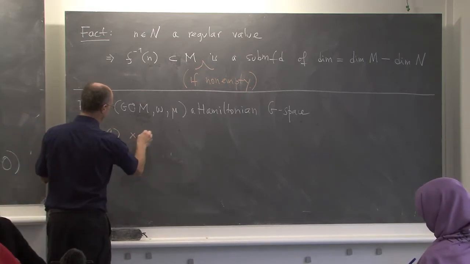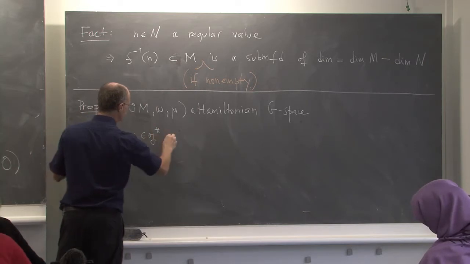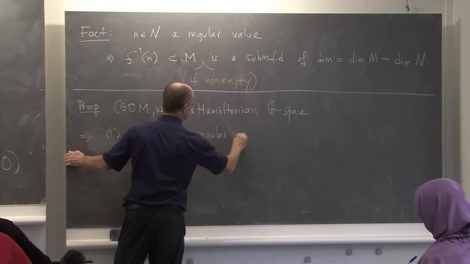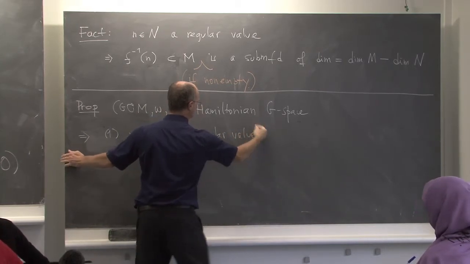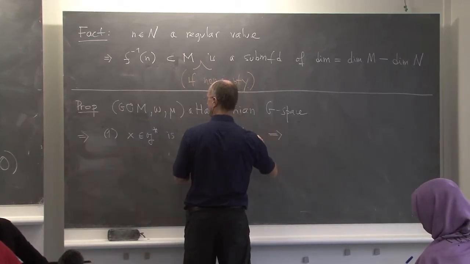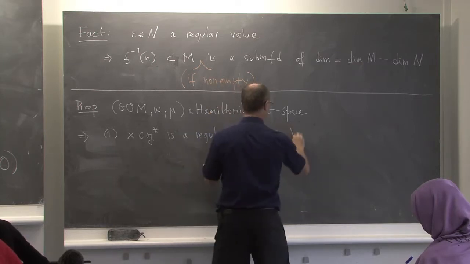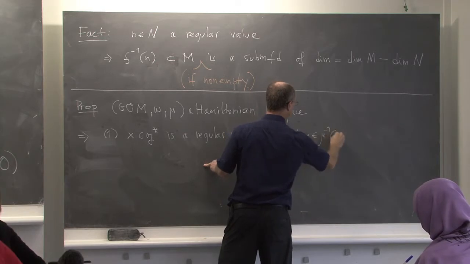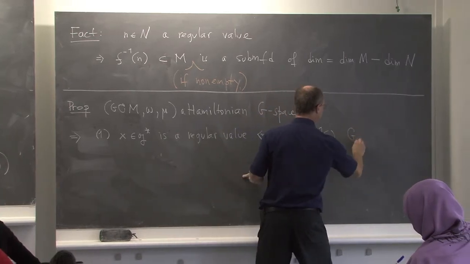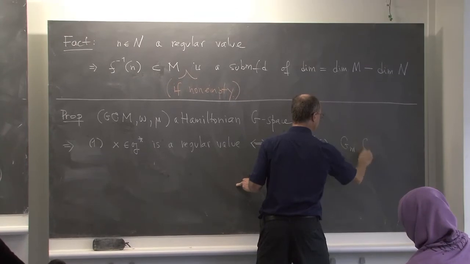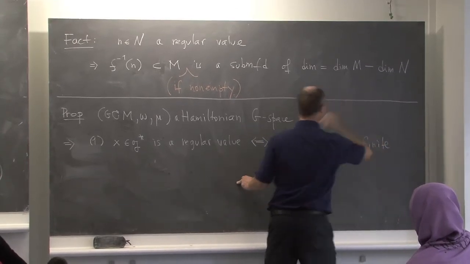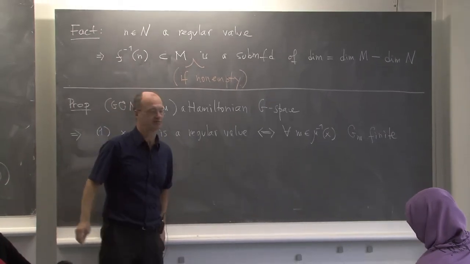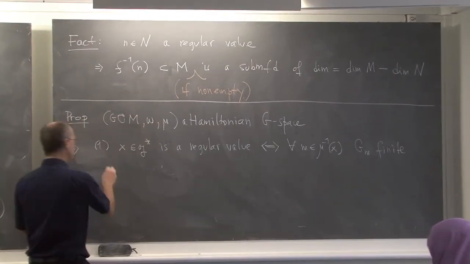First, X in G star is a regular value if and only if for all m in the fiber, the stabilizers are finite. So all the points of the fiber have finite stabilizers.